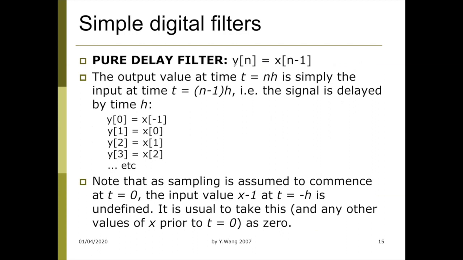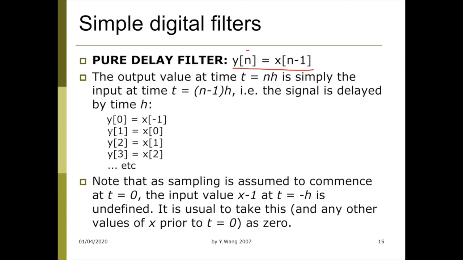The third filter we're looking at is the delay filter, a pure delay filter. We have the input signal xn, and the output signal yn equals the previous input signal xn minus 1.